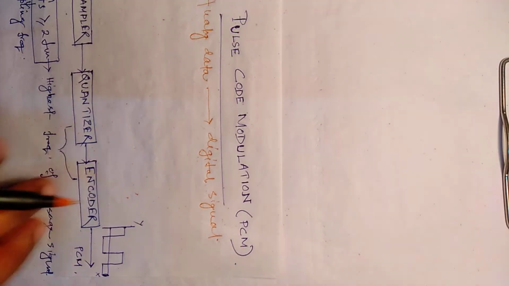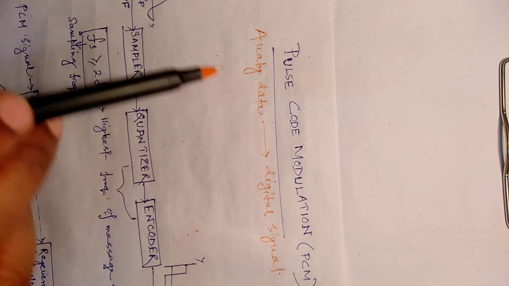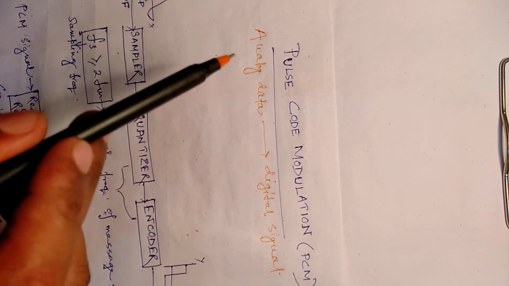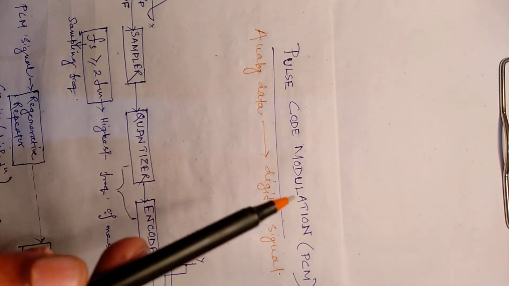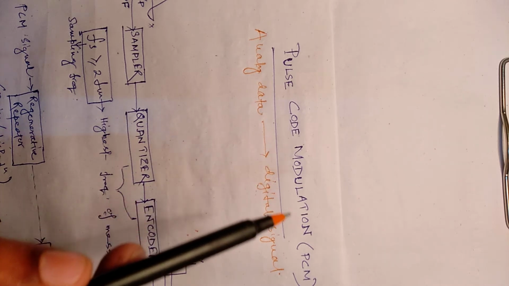So the process of converting analog data into digital signal, that is called pulse code modulation.